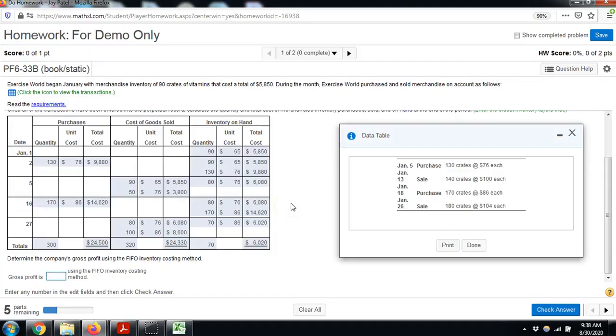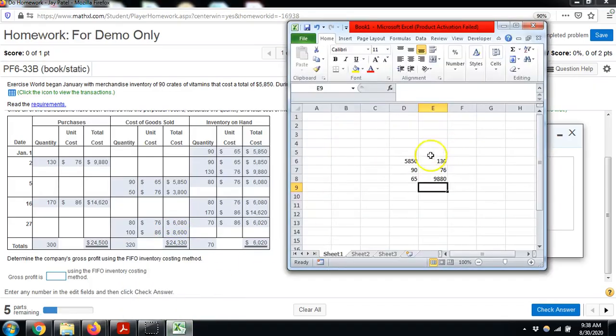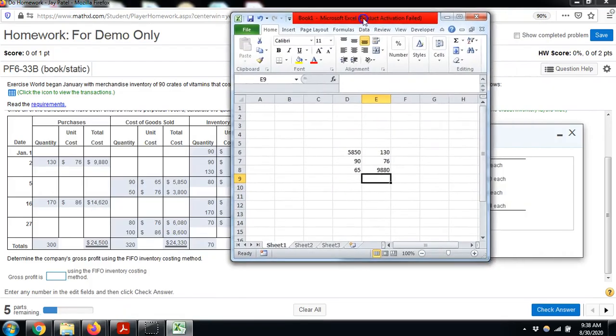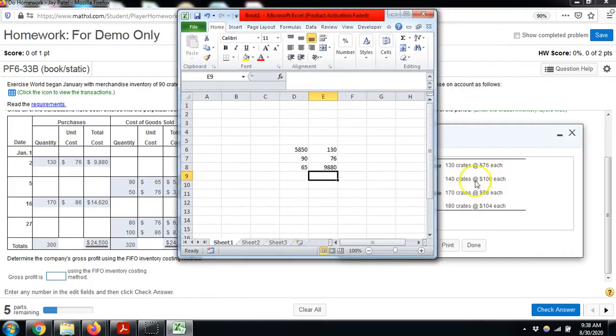Okay, so what is the gross profit using this method of FIFO? So let's see what our important numbers are. First of all, what is gross profit? Gross profit is your revenue minus your cost of goods sold. So we have our cost of goods sold right here for this period. So what is our revenue? So then we will refer to this table here.